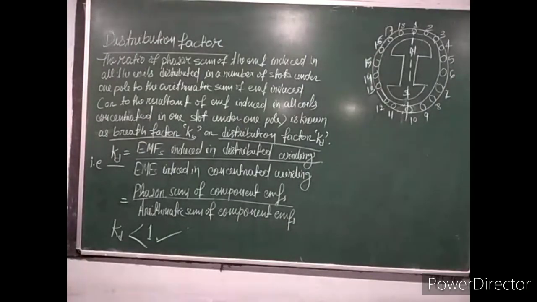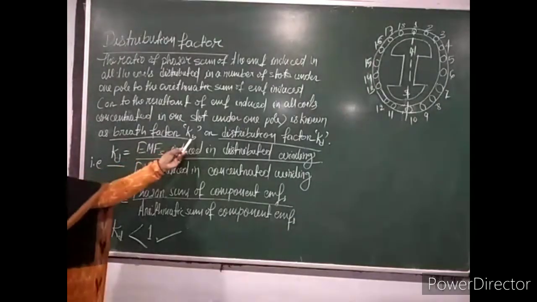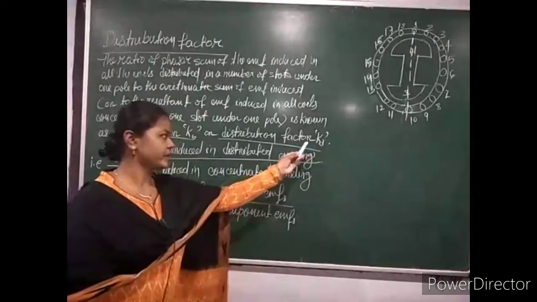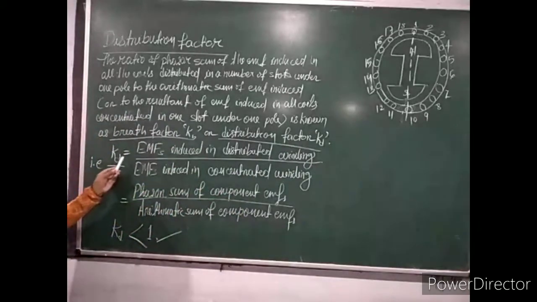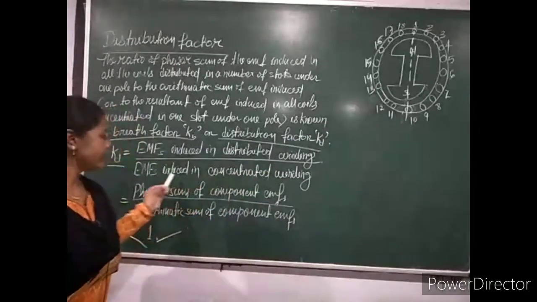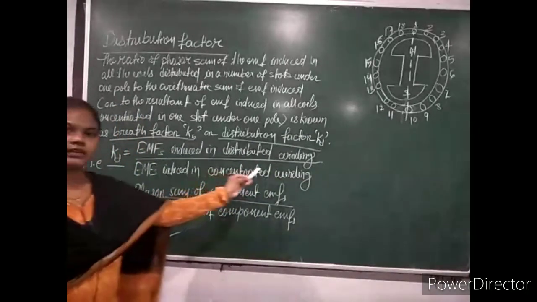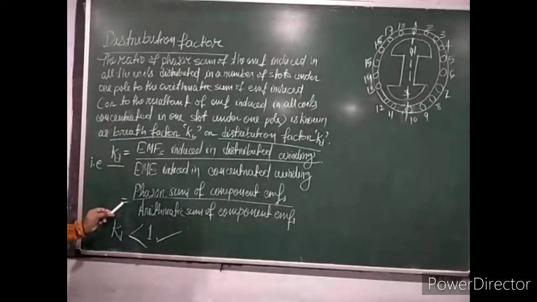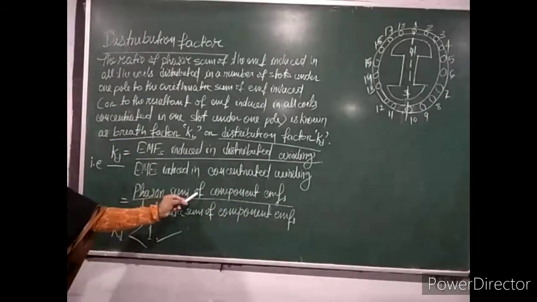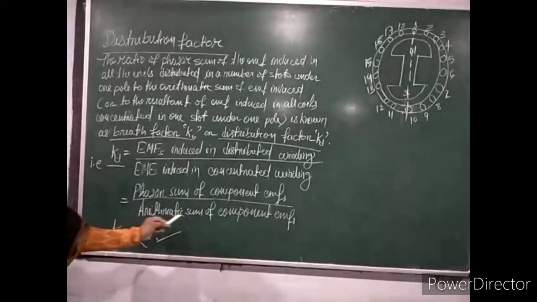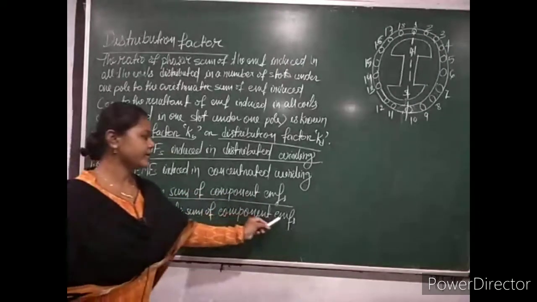It is known as breadth factor KB or distribution factor KD. That is, KD is equal to EMF induced in distributed winding by EMF induced in concentrated winding. You may say it is equal to the phasor sum of component EMFs by the arithmetic sum of component EMFs.